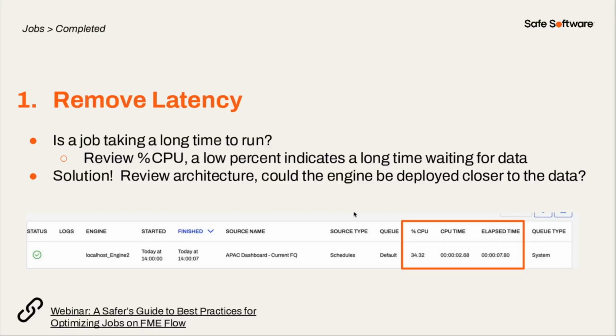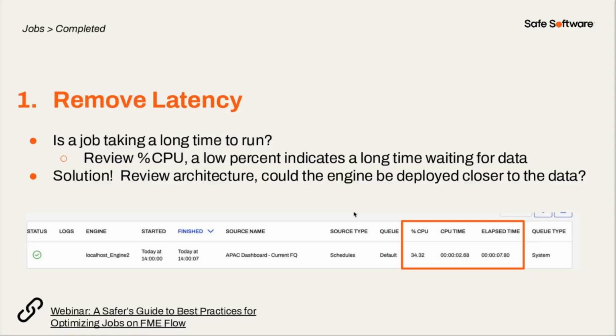One thing you might note on this job is there is that CPU percentage, which is the CPU time divided by the elapsed time, and that's fairly low. That's sitting around 30%. So this job is only actually working and processing that data around 34% of the time. So one thing we might want to look at here is, could our architecture be better, and could we deploy our engine closer to our data?